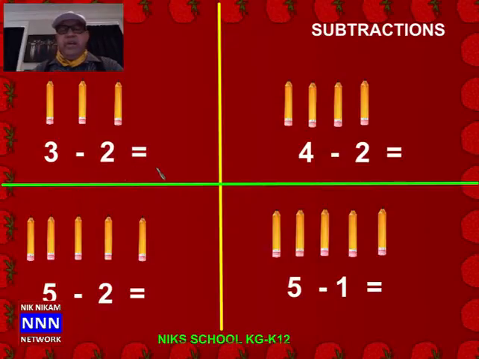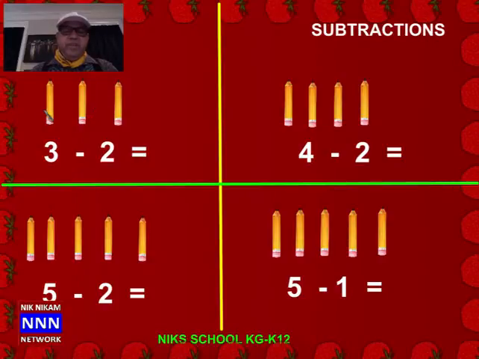And then you have to write what is the remaining number of pencil or pencils. Okay, again we are talking about subtraction, and it is represented by a minus sign. Addition was represented by a plus sign. So let us continue here.